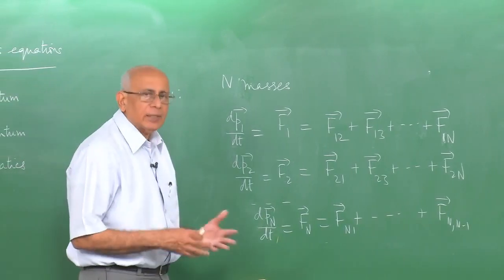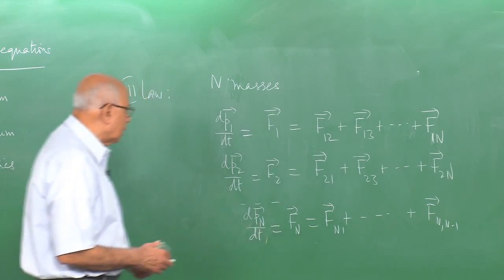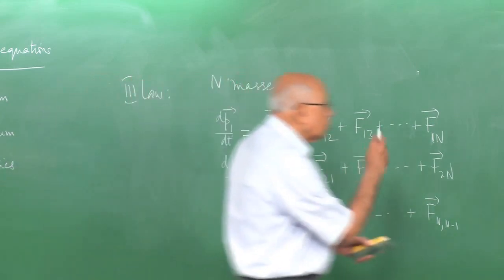There is no self interaction, obviously. Each body sees forces due to the other particles or the other bodies, and that's the set of equations. And we add them all up and use Newton's third law.